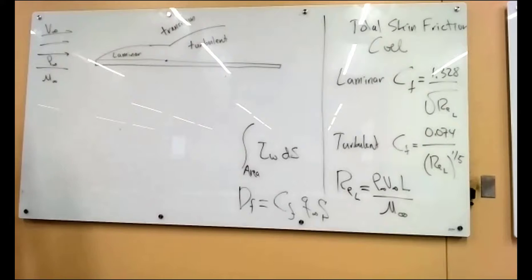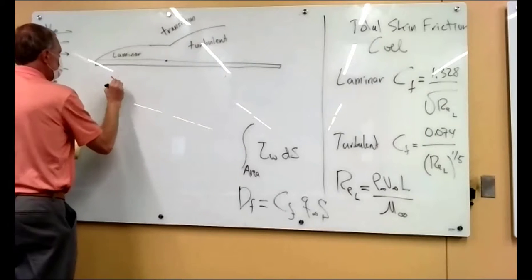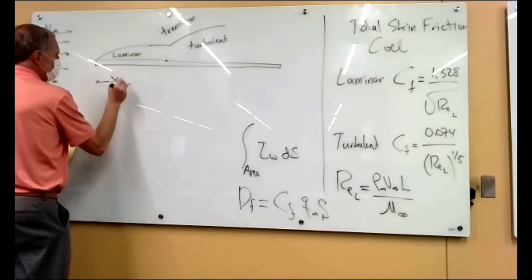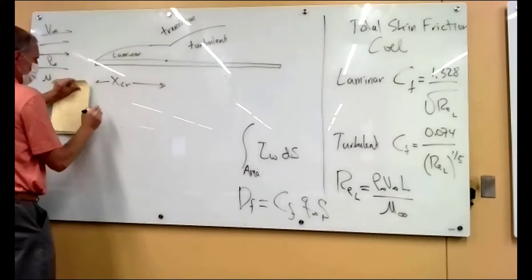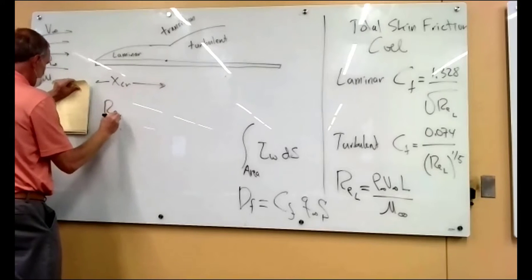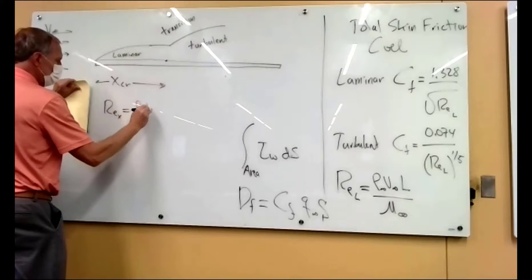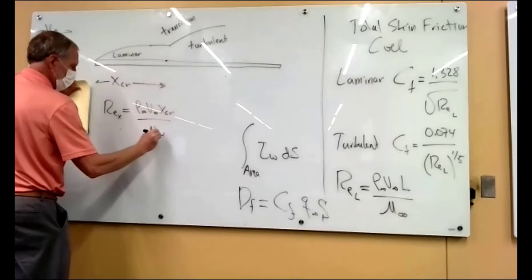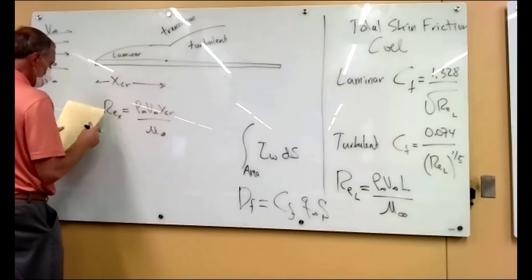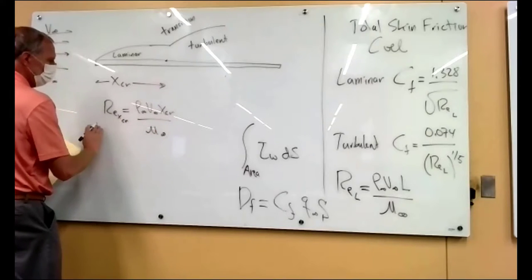And that transition point, the critical distance where that transition occurs, depends on the Reynolds number of the flow. So we calculate what's called the critical Reynolds number.